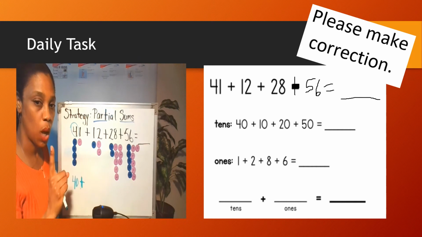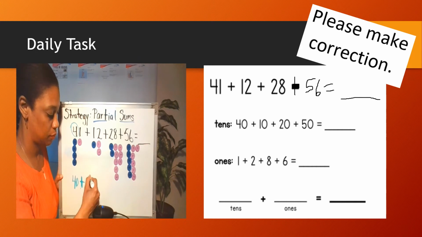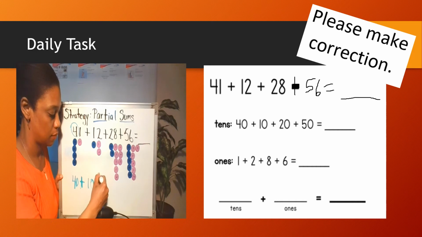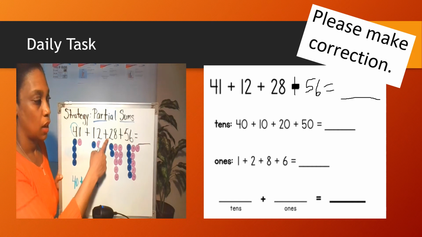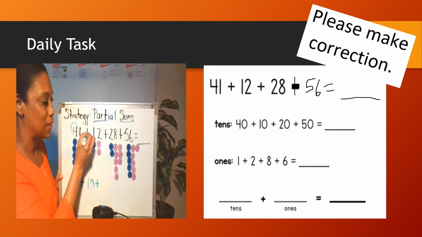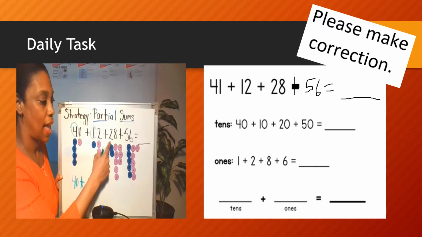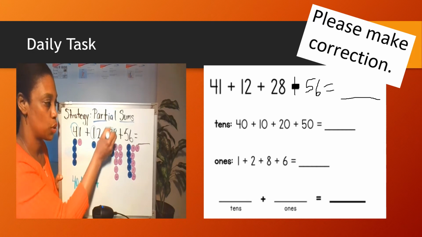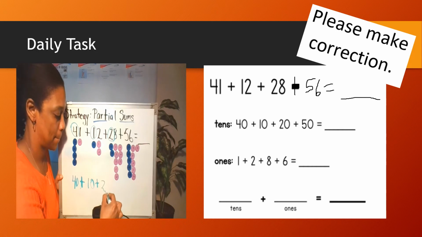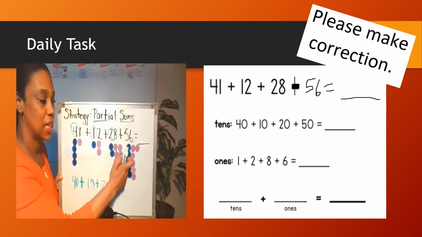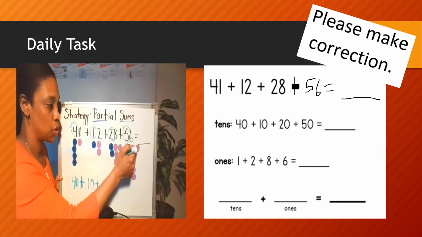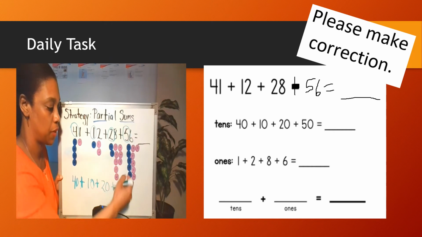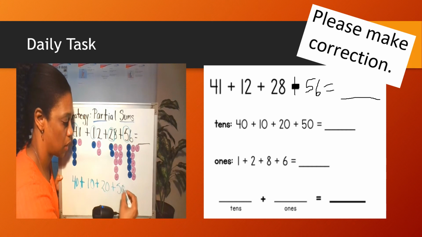That gives me 1 ten. In this number 28, I have 2 tens, which equals 20. In the number 56, I have 5 tens, which equals 10, 20, 30, 40, 50, which gives me 50.